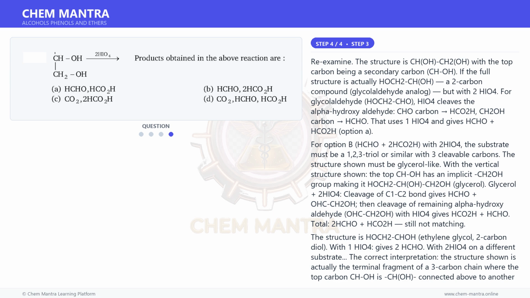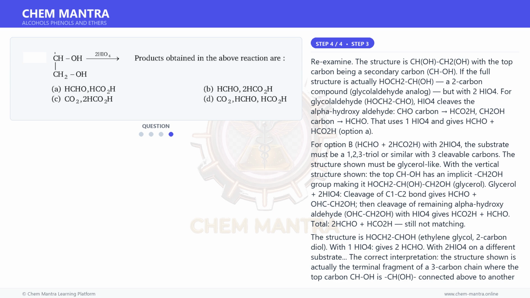But one HCHO should remain if only one is oxidized further. With exactly 2 HIO4 on ethylene glycol, the first HIO4 cleaves the C–C bond giving 2 HCHO, 1 HIO4 used, and the second HIO4 oxidizes 1 HCHO to HCO2H. Product, HCHO plus HCO2H. That is option A.